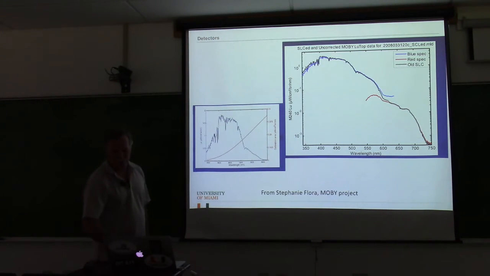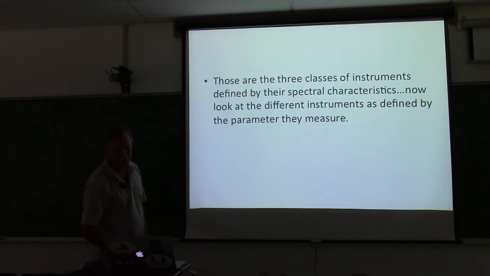So you have to be careful with these different things as you do your calibration. And when you buy a hyperspectral radiometer from the manufacturer, you want to ask them about the stray light characterization, and whether they have done it, and whether you have gotten the data for it.